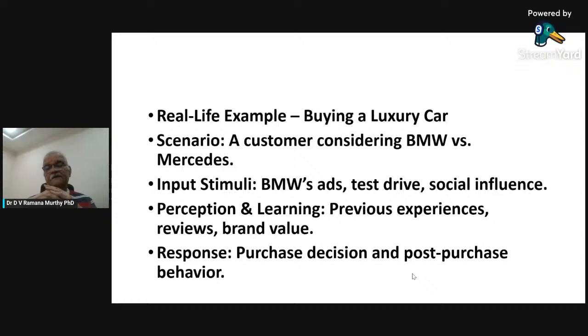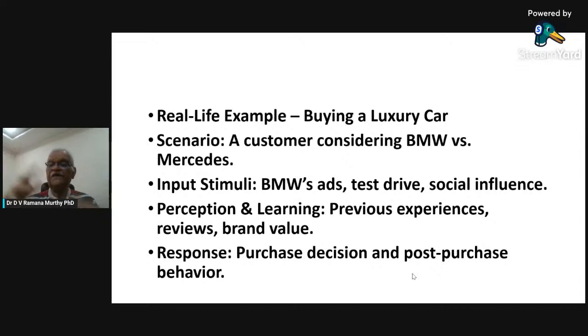Meaning that, of course, if he's satisfied with the driving convenience and experience of the BMW car, then he will be an advertising medium. A satisfied customer is worth 1,000 advertisements, mind it. So you need to look at the post purchase behavior also. You must plan in such a fashion that the product can deliver absolute satisfaction for the customer. Post purchase behavior can be positive or negative.